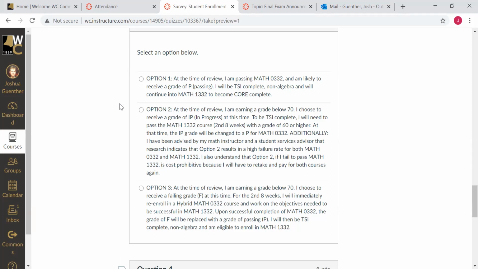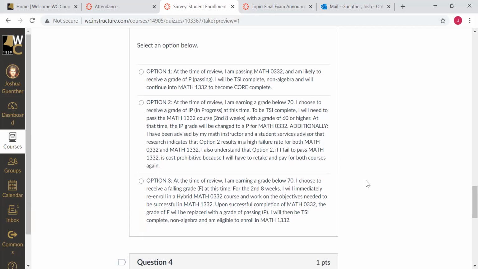Then if you go and you pass that Math 1332 course by getting a D or better, a 60 or higher, we will retroactively go change your IP for the 0332 portion to a P for passing, and you'll have also passed the 1332 class. So if you're not passing right now, but you want to proceed, you're putting all your chips on the table that you will end up passing the 1332 class with a D or better.